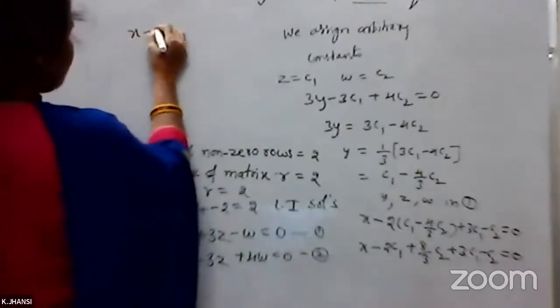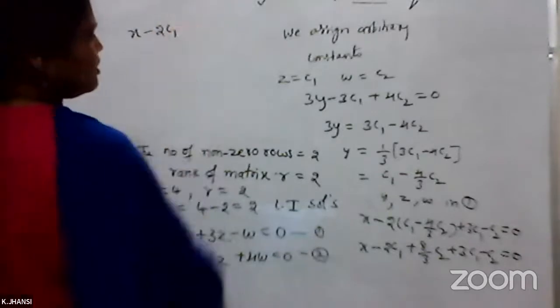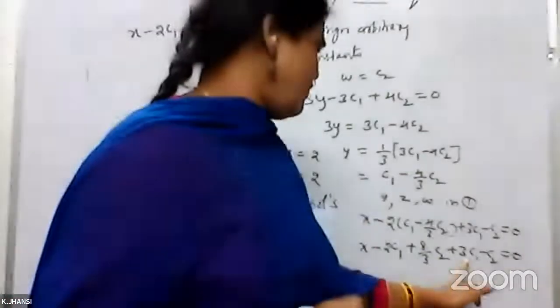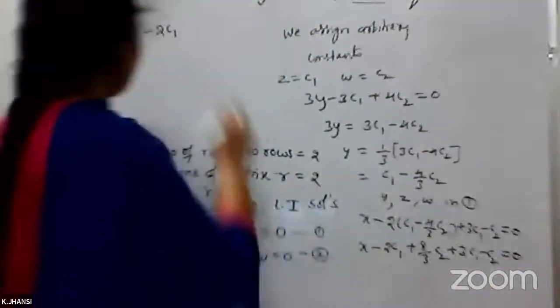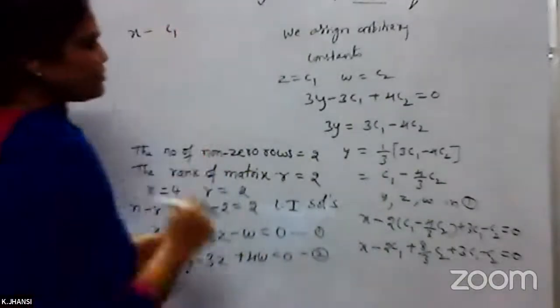If you simplify that, you will get x minus 2c1. Here, 3c1 minus 2c1 gives only 1c1.